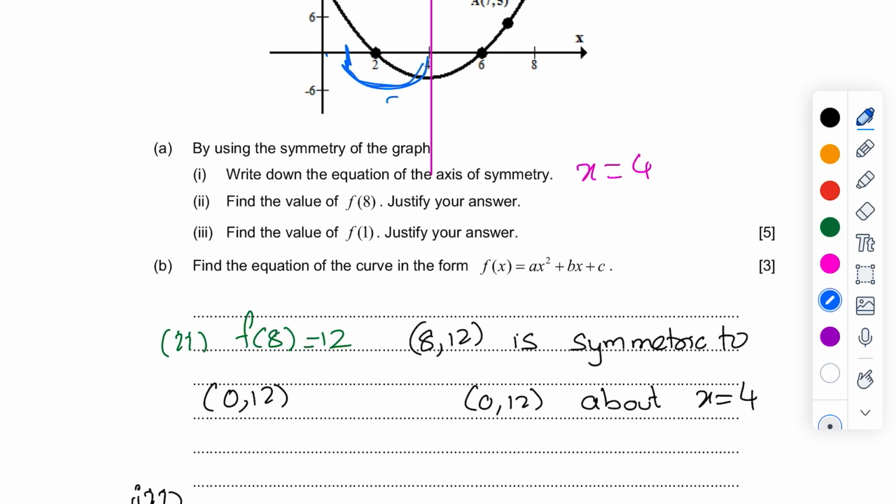The distance is 3 units, and 4 to 7, the distance is also 3 units. So therefore, it is symmetric over here. It can be the same value, 1, comma 5. So f of 1 is going to be nothing but how much? 5, because 1, comma 5 is symmetric to 7, comma 5.